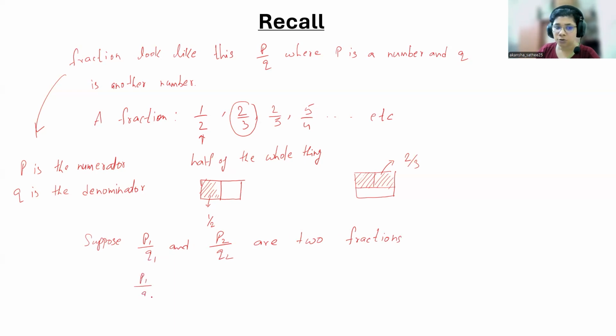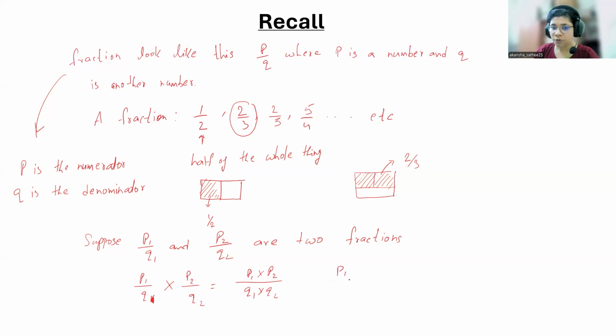P1 upon Q1 into P2 upon Q2 is the same as P1 into P2 upon Q1 into Q2. This is the multiplication. Now division.